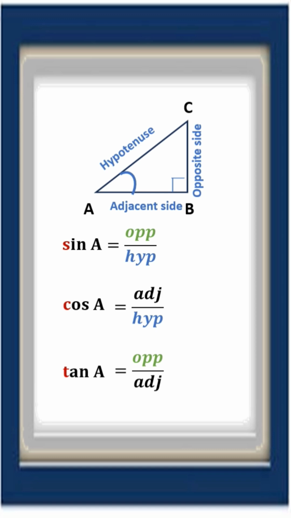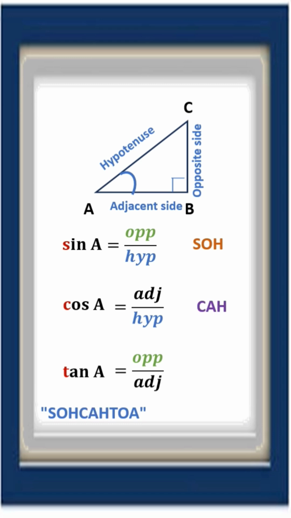If you can't remember these things, I will give you a mnemonic known as Sohcahtoa. How do you use it? So, S-O-H. Here S stands for sin A, O for opposite, H for hypotenuse. So, sin A is equal to opposite by hypotenuse. Cah.